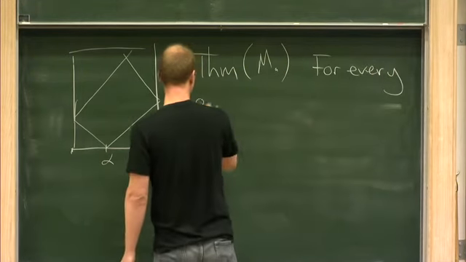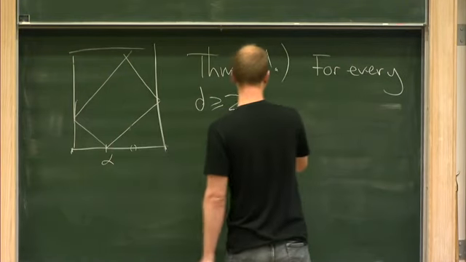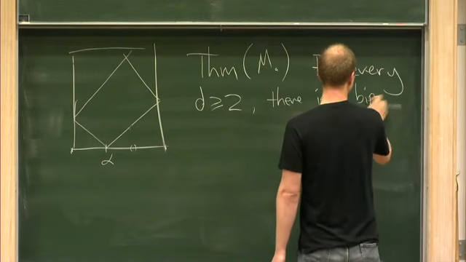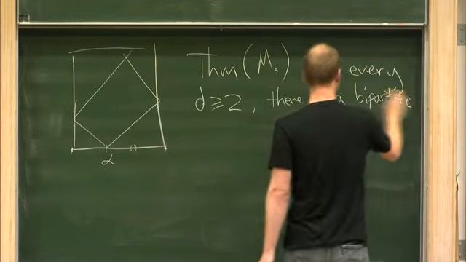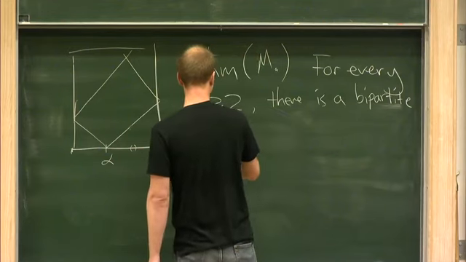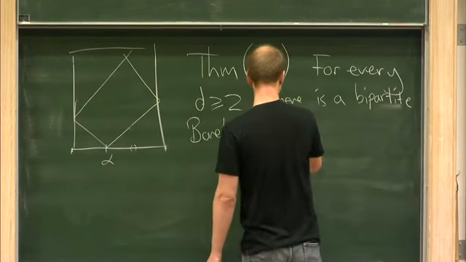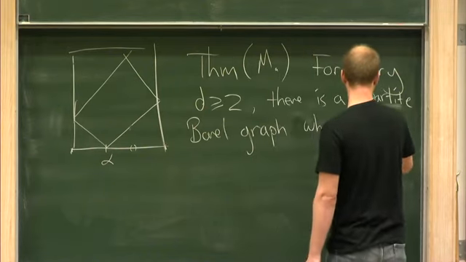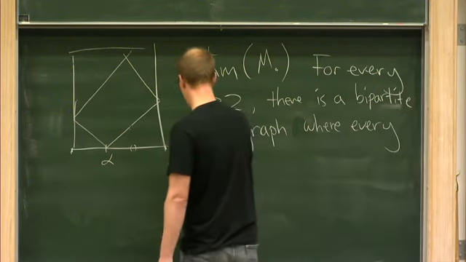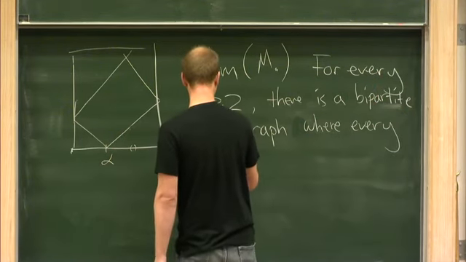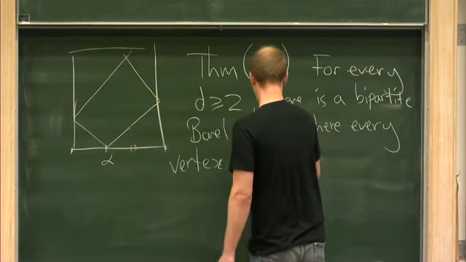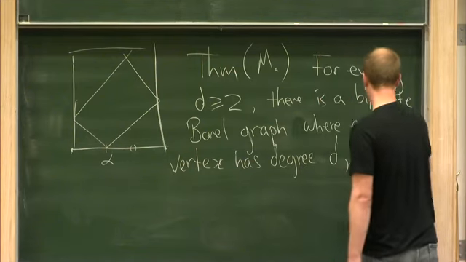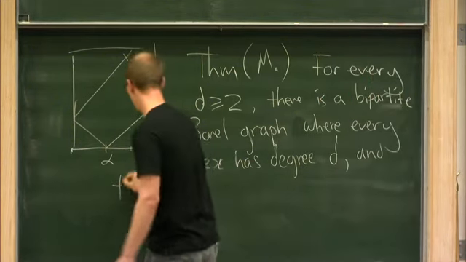For every d greater than or equal to 2, there is a bipartite Borel graph where every vertex has degree D, and the graph admits no Borel perfect matching.